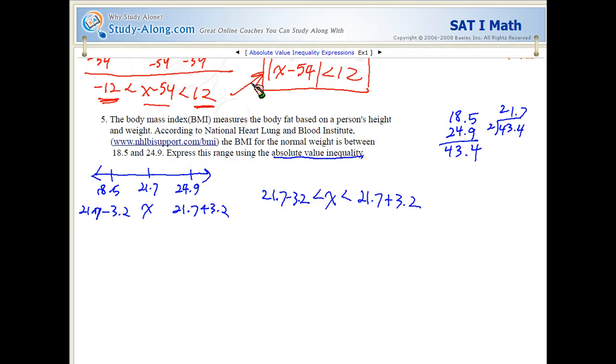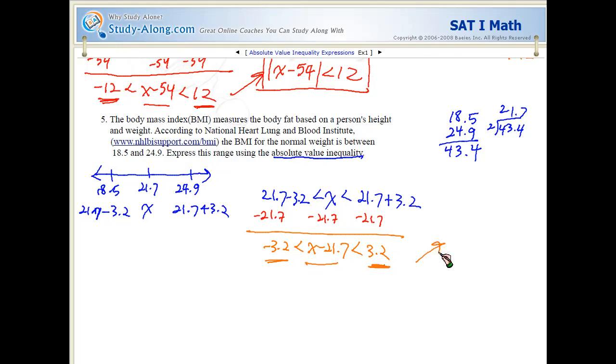And what's our common number here? 21.7. Subtract that. Subtract that. And what are we left with? Minus 3.2, which is less than x minus 21.7, which is less than positive 3.2. Look at here. Nice and symmetrical, right? So, let's put this inside the absolute value. It's less than 3.2.